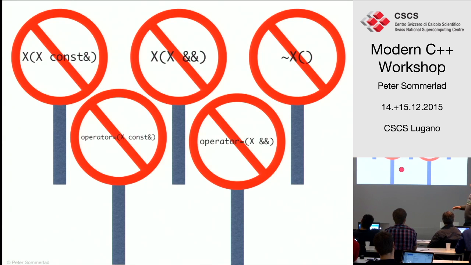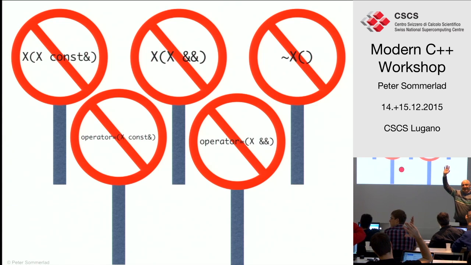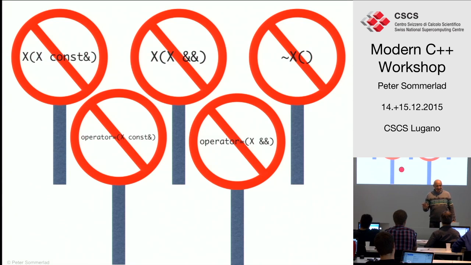So what's on the right-hand side? Upper right-hand side. The destructor. Who has written a destructor in his life? You no longer write destructors. You let the compiler do that for you. And what is this one here?